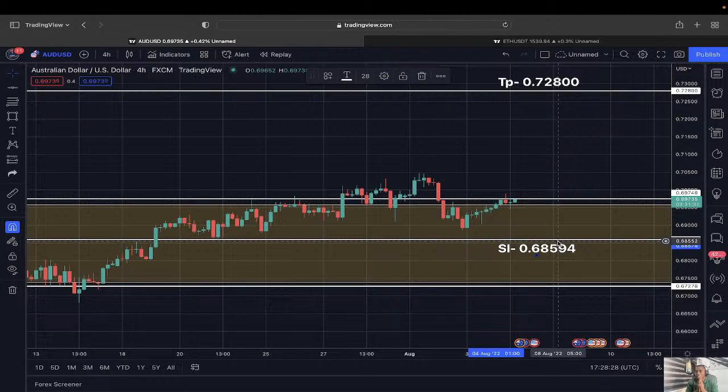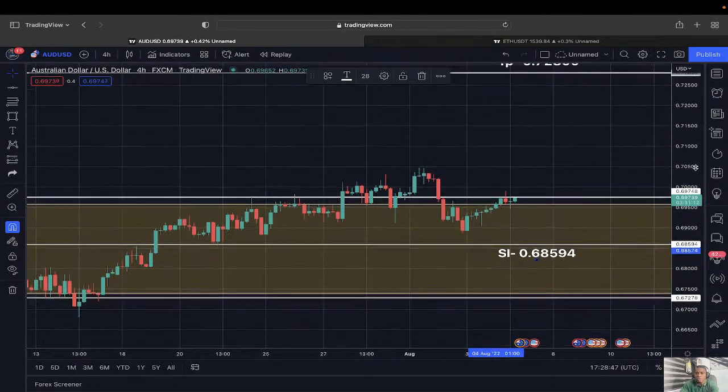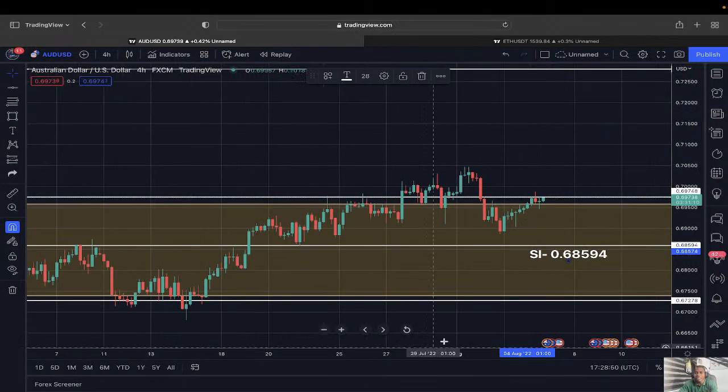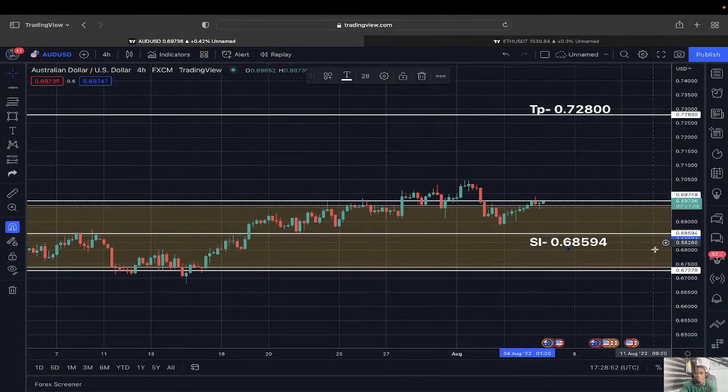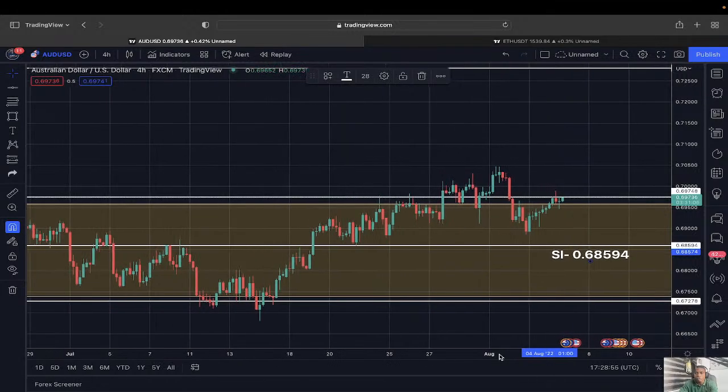I'm telling you, this is how I'm taking my trade. I use the next support level as my stop loss region if I'm buying, and the next resistance level as my take profit region. That's what we're going to be doing for intraday traders.